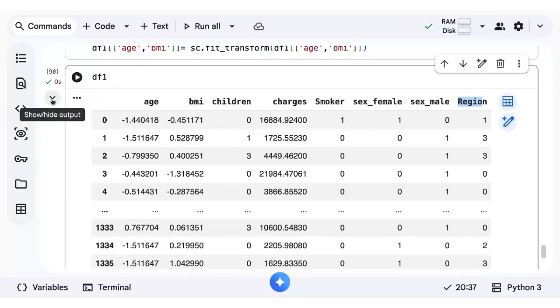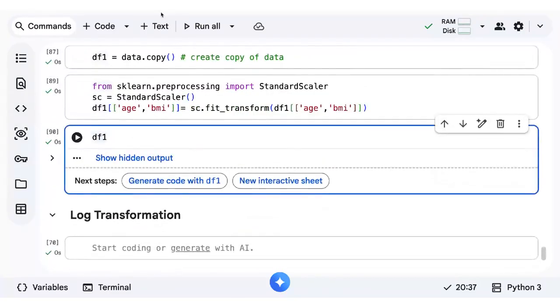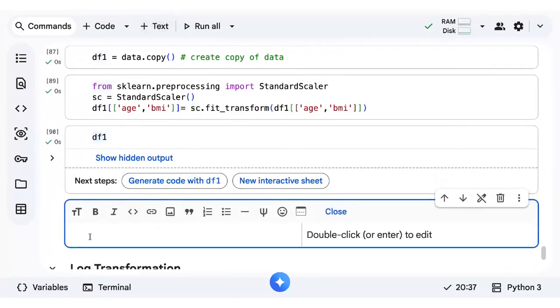Understood? This is standard scalar. Next approach we have is min-max scalar. This is called normalization. Standardization means mean will be 0, standard deviation will be 1.